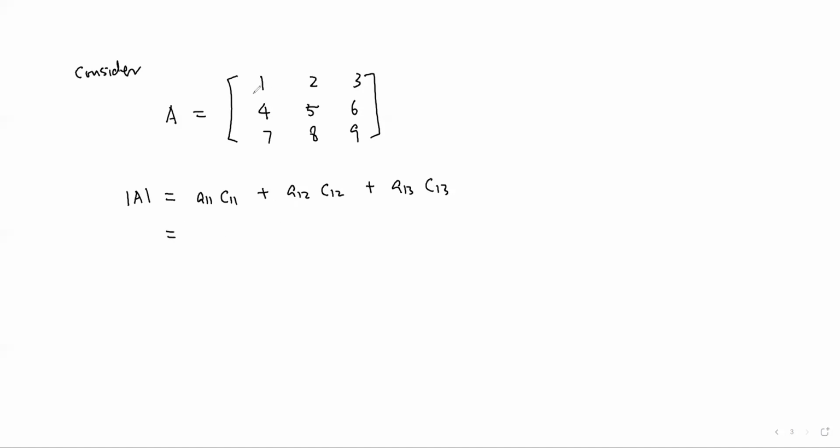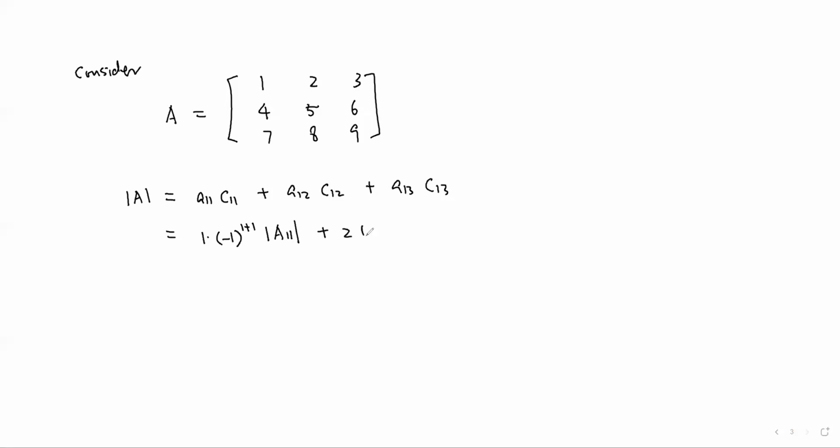A11 now is 1. C11 by formula is negative 1 to the power i plus j, and then the determinant of this matrix, capital A11. Then plus A12, which now is 2.